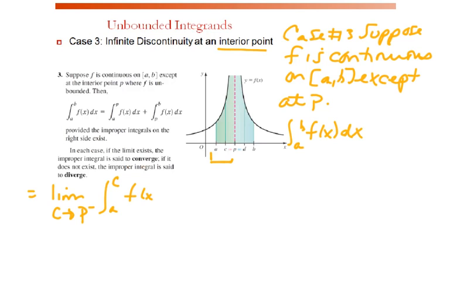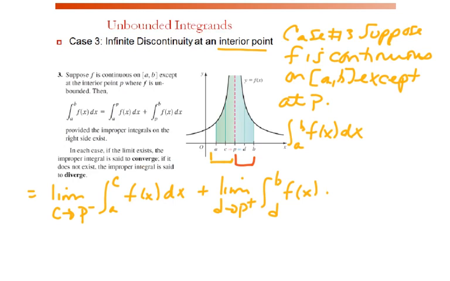And we're going to add to it the limit as d approaches p from the right-hand side. So now we're looking at this piece, and that's going to be the integral from d to b.